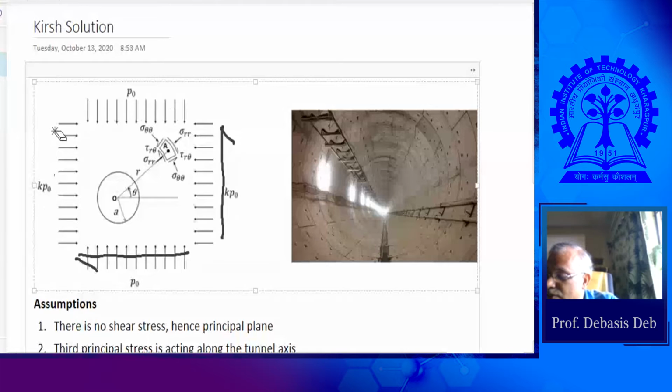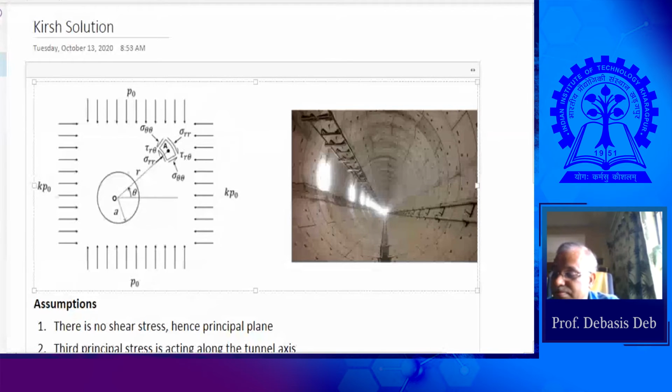Now, can you tell me then what is this plane we are discussing? A plane which doesn't have a shear stress. What do we call that plane? Principal plane. So he has developed the solution for the principal plane.